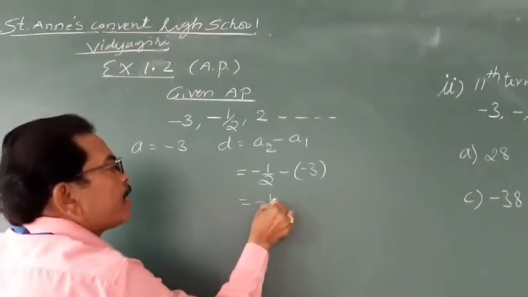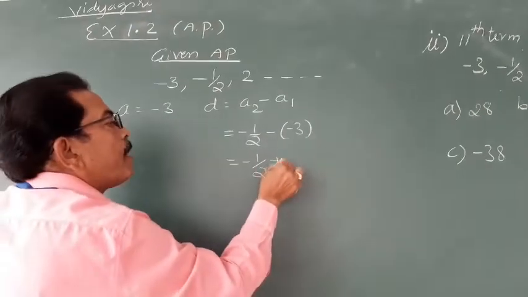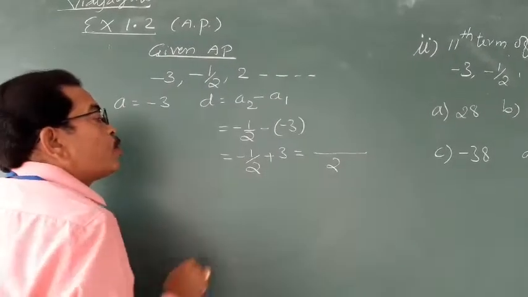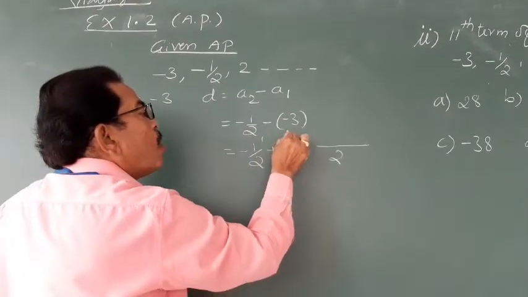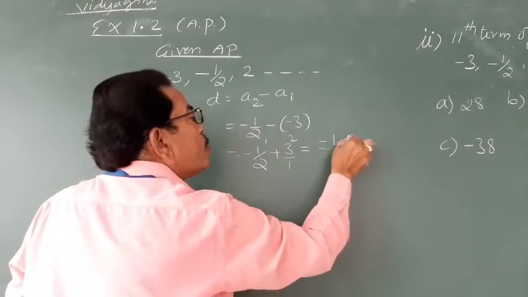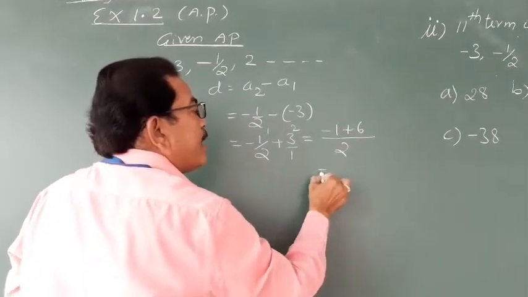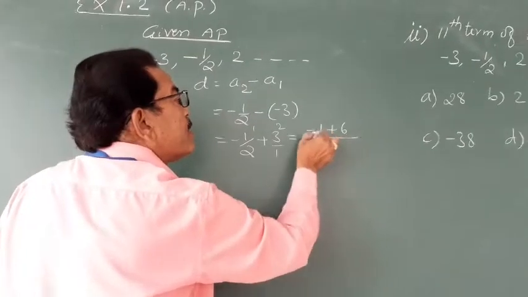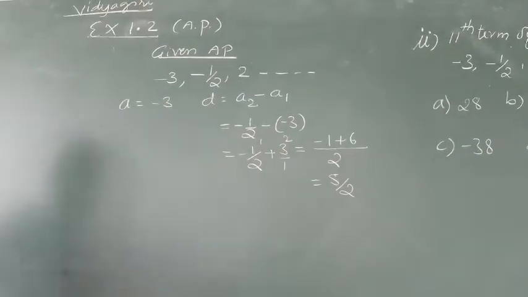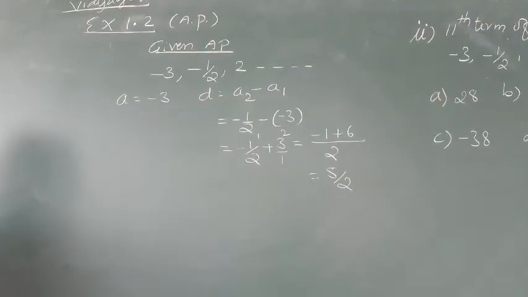So, minus 1 by 2 plus 3. The LCM of these two terms is 2. 2 1s are 2, 1 2s are... that is minus 1, 3 2s are 6. That is plus 6 minus 1, that is 5 by 2 is the common difference.